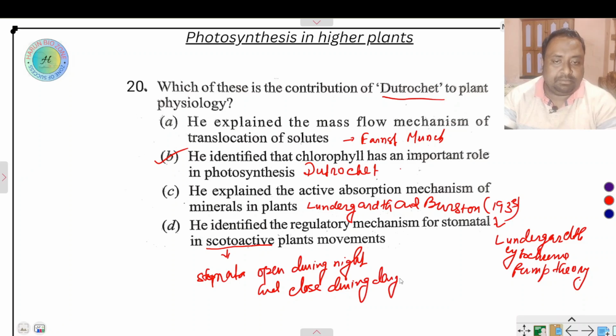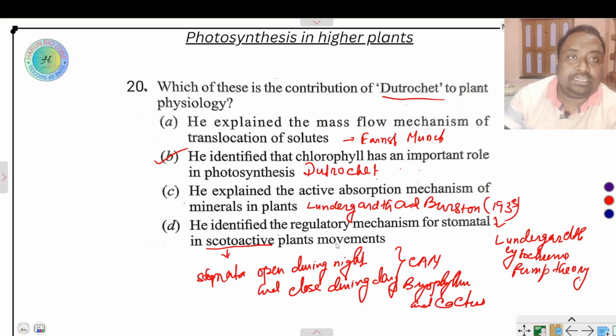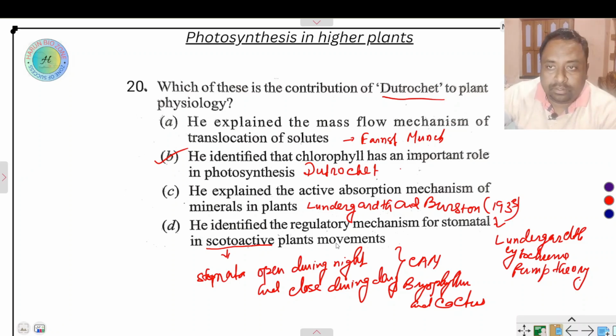This type of mechanism is called scotoactive movement of stomata, found in CAM plants. Examples of CAM plants are Bryophyllum and cactus. So here the correct option is that Dutrochet explained that chlorophyll has an important role in photosynthesis. B is the correct option.